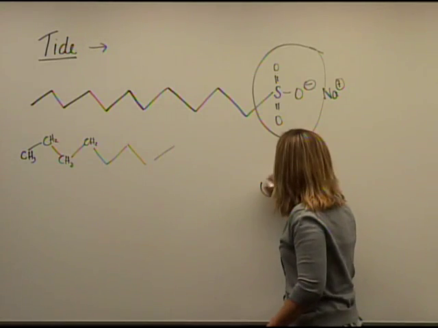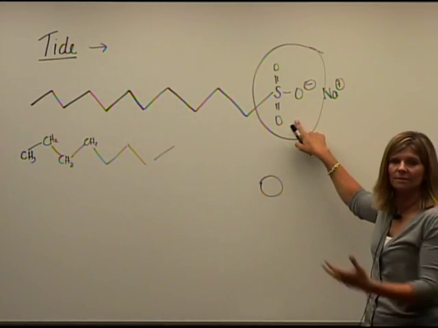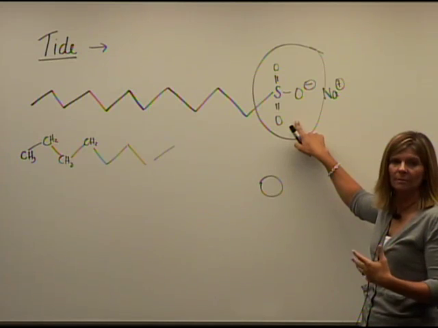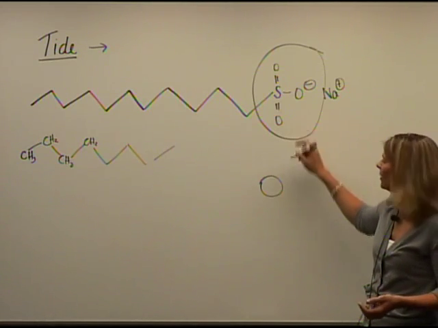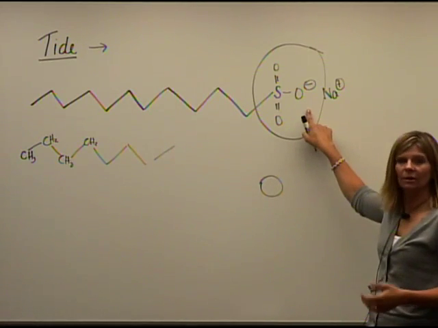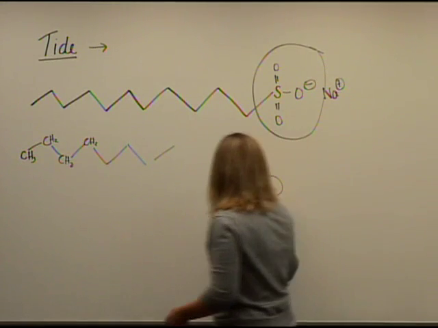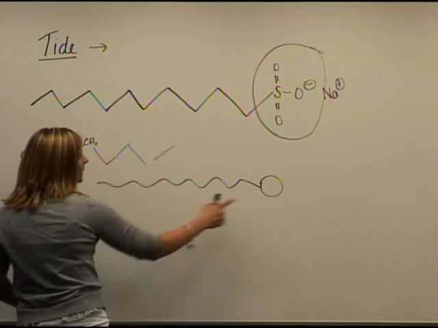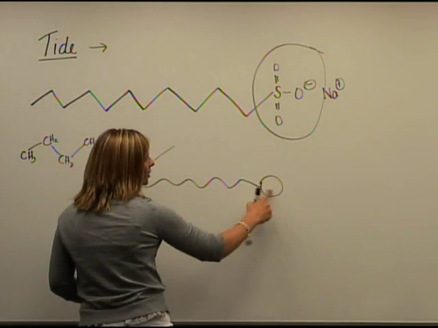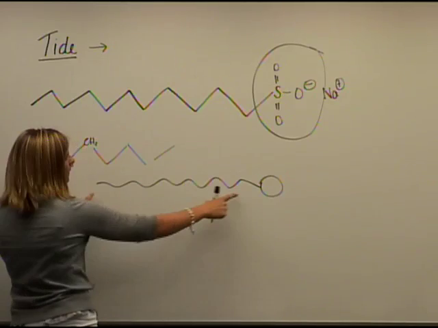And often, it doesn't even matter what identity this has, it might be a sulfonate in one substance, it might just be an OH group in another. But basically, this is an end of that big molecule that really likes water. So what I'm going to do is draw these as the charged head and a tail.